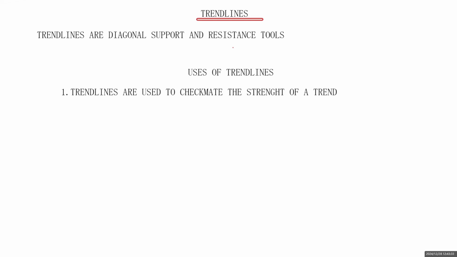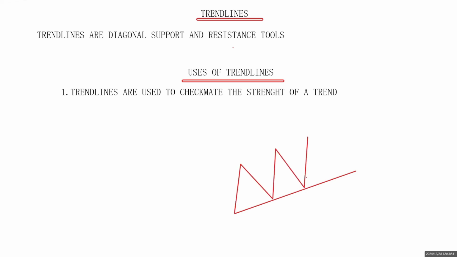If a trend is strong, then prices would keep obeying a trend line. And if a trend is weak, then prices will violate the trend line. So if we see a trend line like this and prices keep obeying the trend line, this allows us to know that the trend is still strong and price is still clearly on a bullish trend.